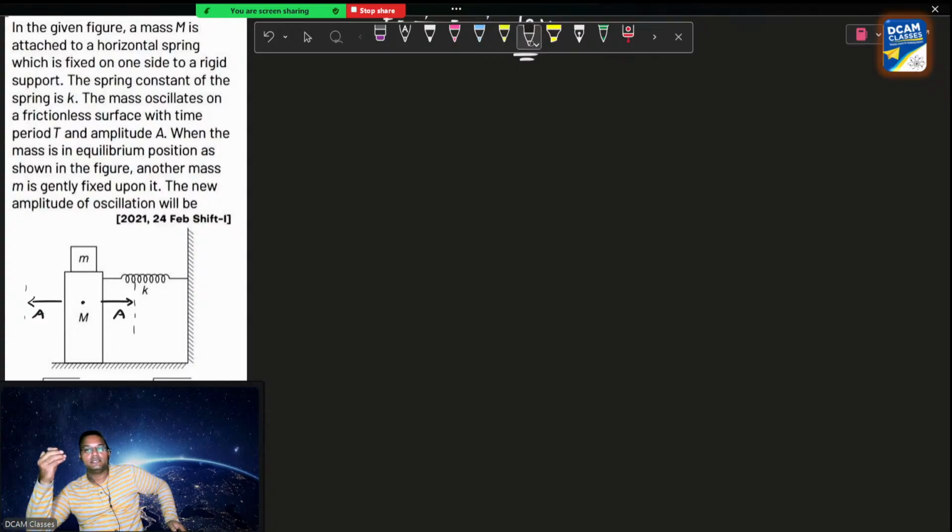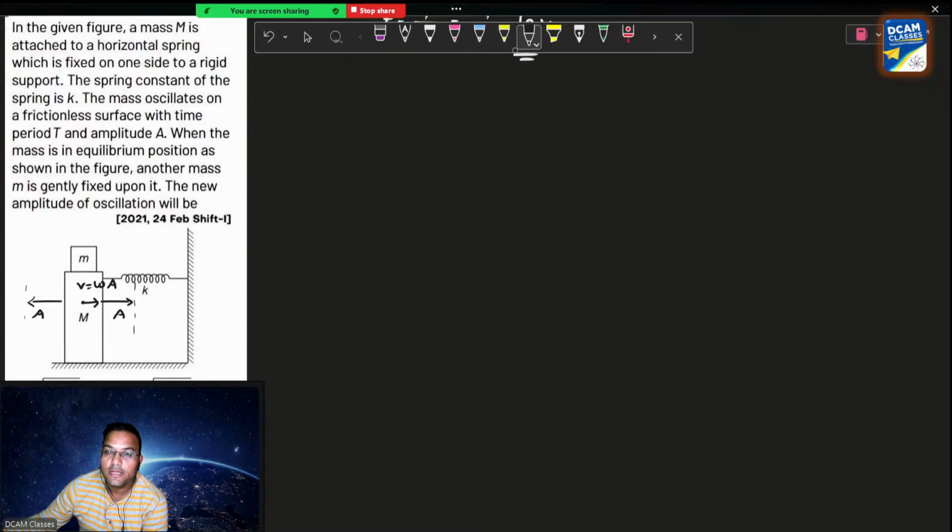In the collision, there was breaking of one mass into two. Here, one more mass is joining. And in the mean position, we know the velocity of this mass is v equal to omega into A. Correct? Because in the mean position, this is the maximum velocity. The mean position has the maximum velocity. The velocity is omega into A, na? Yes, Haripriya?